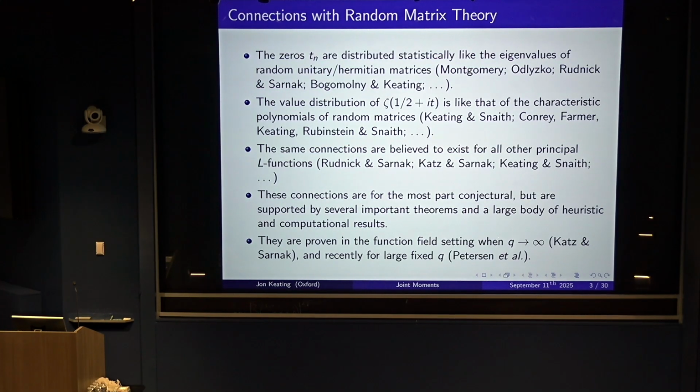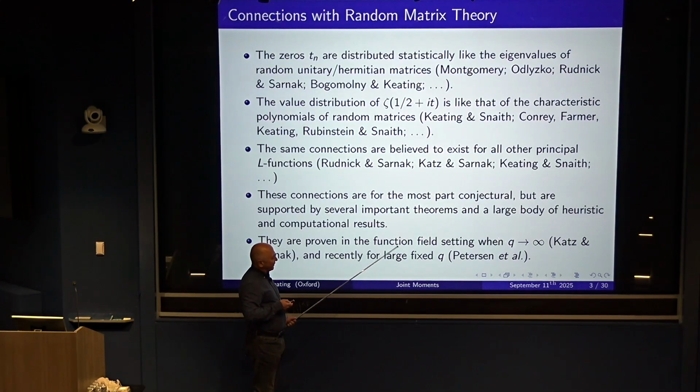Things we might want to know. But just as a final point, and I won't emphasize this, it was more the subject of Will's talk, we do understand now that for certain models of the Riemann zeta function, which are polynomials, that is, L functions defined over function fields, this all is a theorem in various different ways.